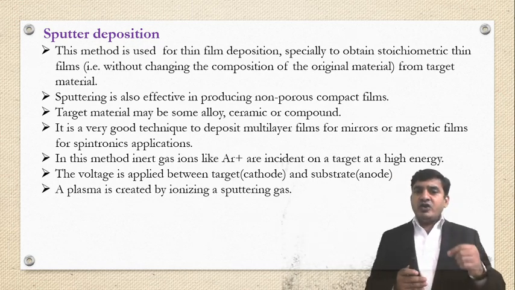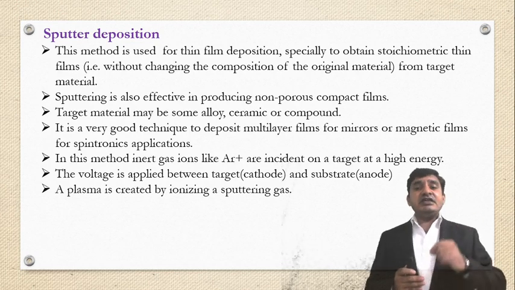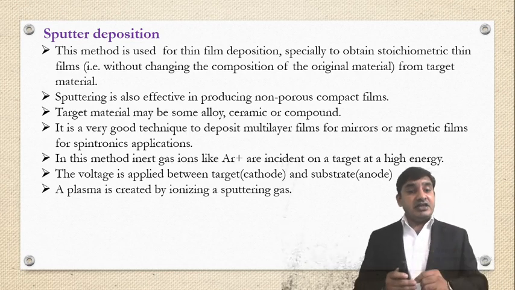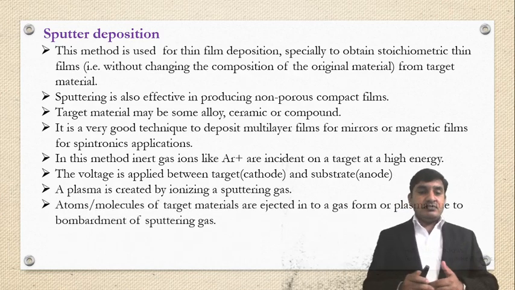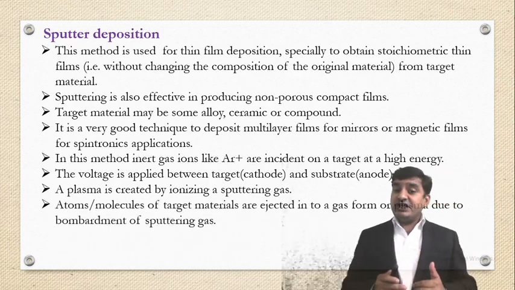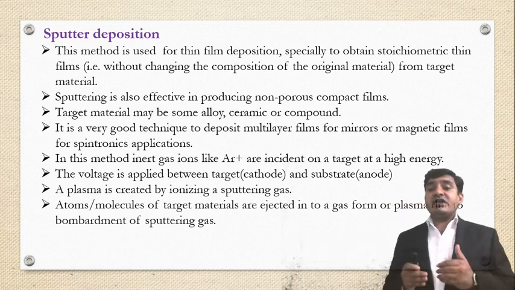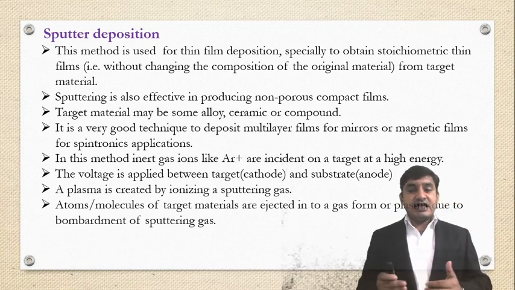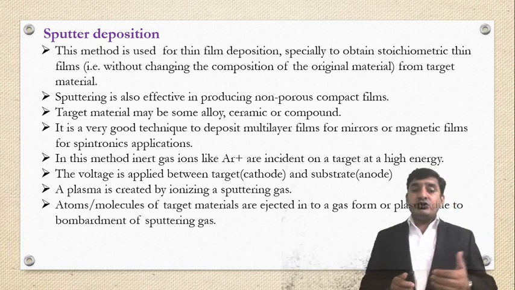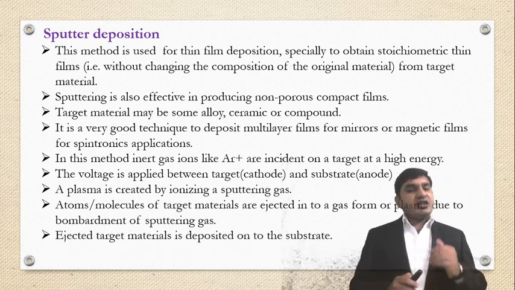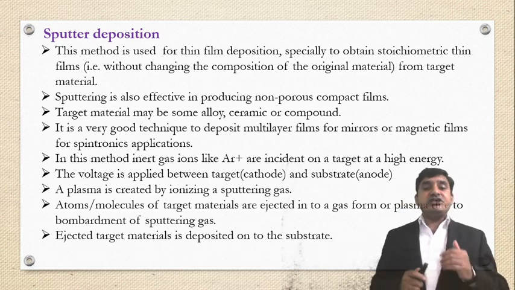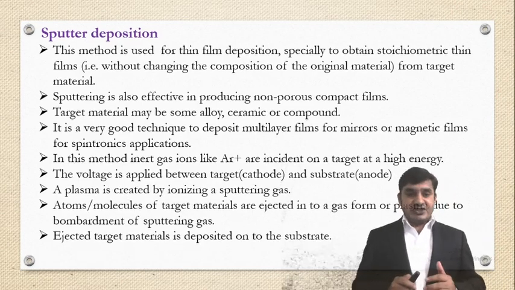When the argon gas is incident on the target material, plasma is produced, or atoms and molecules of the target material are ejected into gas form, due to bombardment by the sputtering gas. The ejected target material is deposited on a substrate.